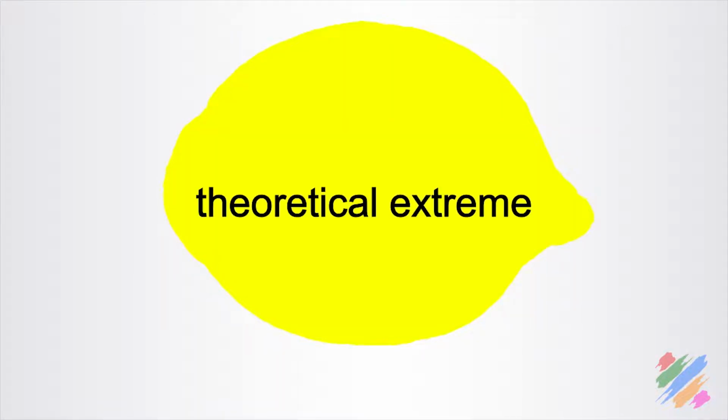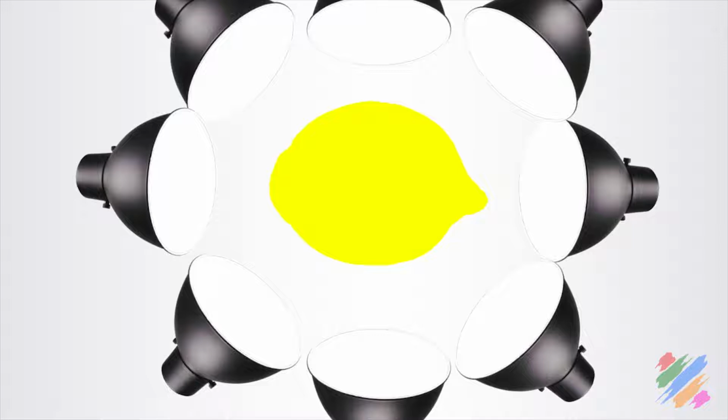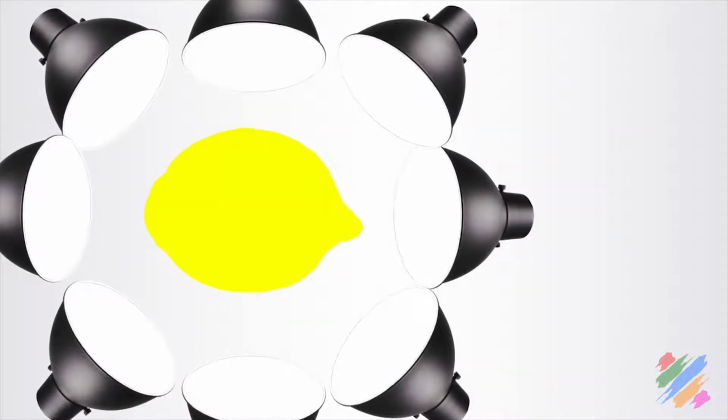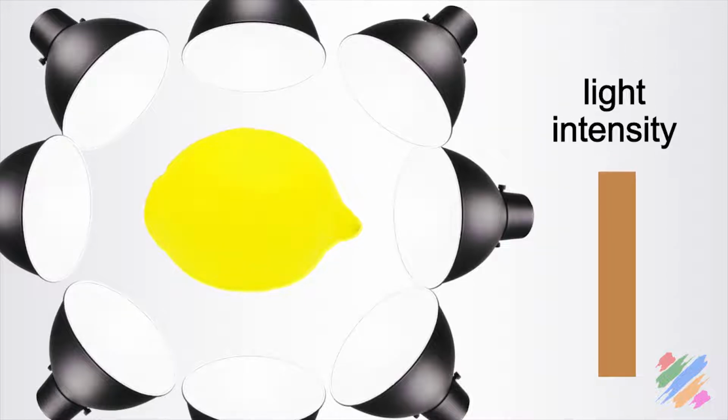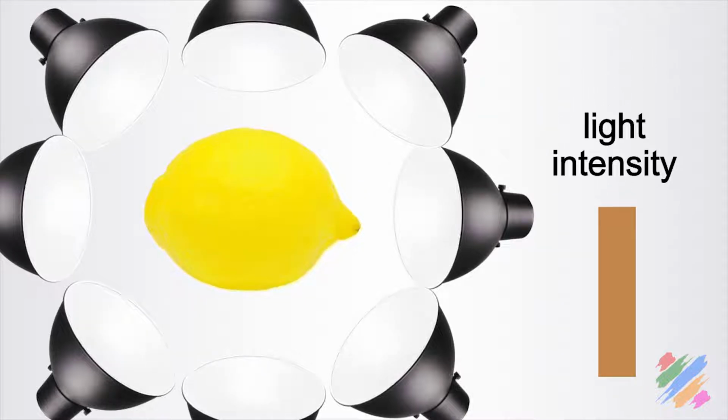But for us, this image is the theoretical extreme of a lemon which has been illuminated with a very strong and diffuse light, so that every part of it gets fully illuminated. Now, if we start reducing the light intensity while it gets down, we start to see some detail appearing.